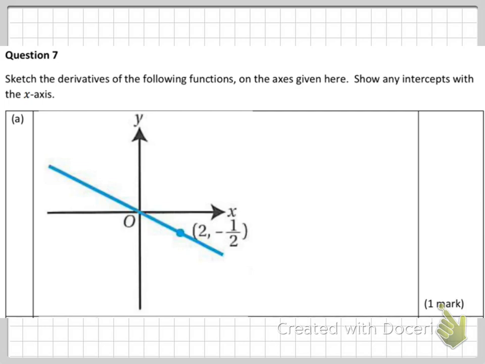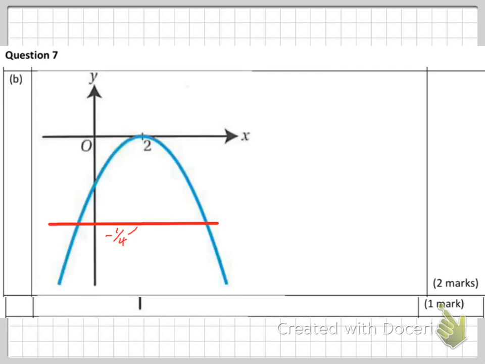So you're drawing a function that has value minus a quarter for all values of x. There it is. It's a straight line, it's a constant minus a quarter for all values of x. It's a gradient function you're sketching. Okay, that's one mark.